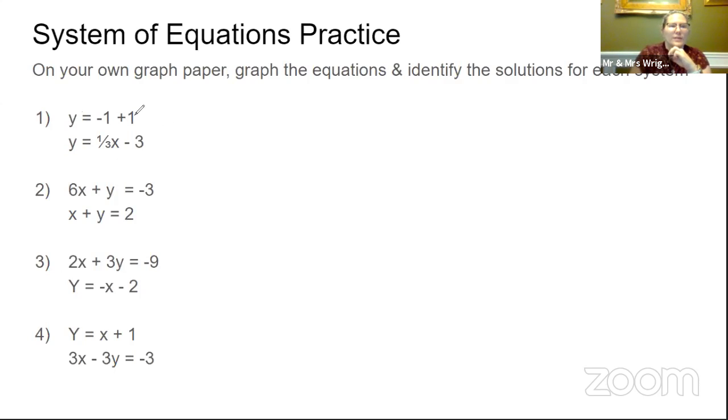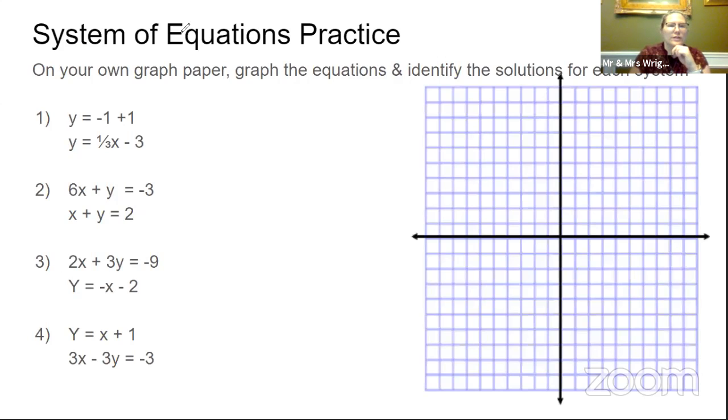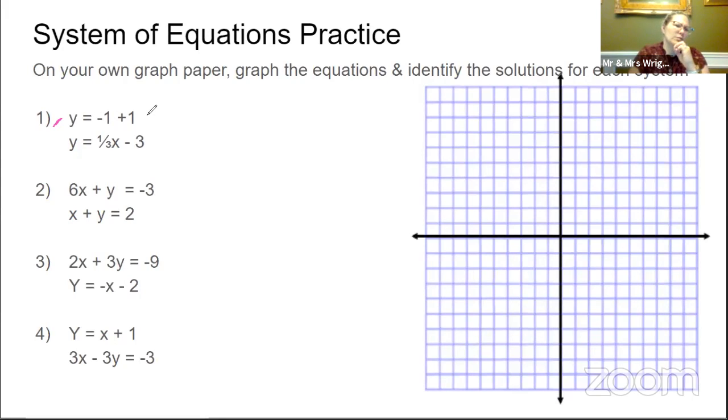All right, welcome back. We're going to go ahead and graph these. I have some graph paper on the screen here for me, and I'm going to graph this one in purple. So y equals -1x plus 1. That's supposed to say x, so I'm sorry about that if you were not able to graph that. -1x plus 1, I know is going to have a y-intercept of +1 because of this constant right here, the b value.